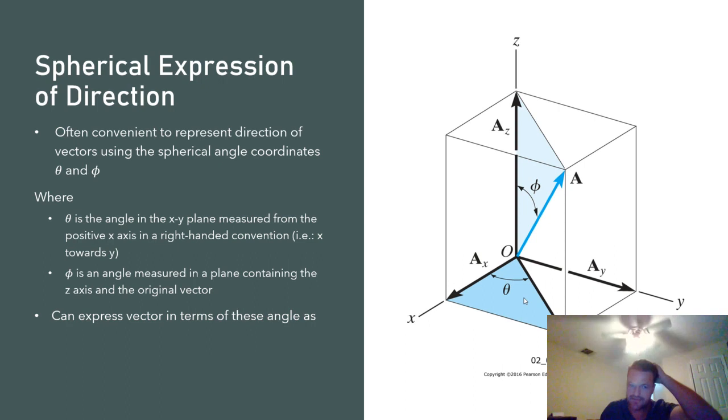However, your book has to be confusing here and actually measure this angle rather than the elevation from the plane. They measure the complementary angle, which is kind of the descent from the z-axis. So once you got a vector in three-dimensional space, kind of drop the perpendicular, look at its projection in the xy plane. Theta is the angle measured from the x-axis to that projection, and phi is the angle measured from the z-axis to the vector itself.